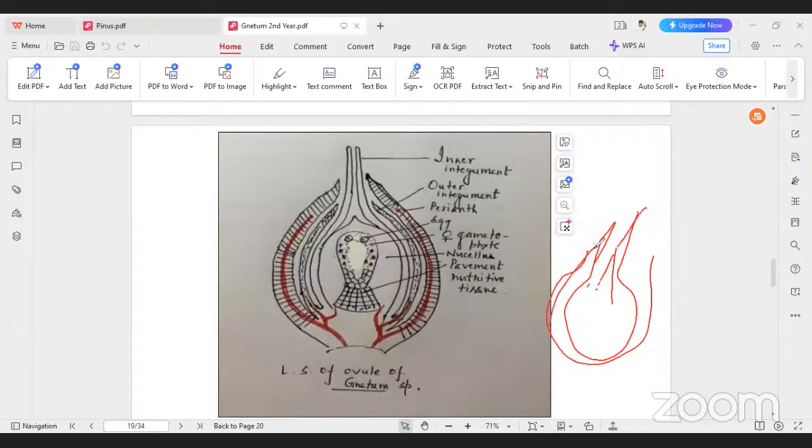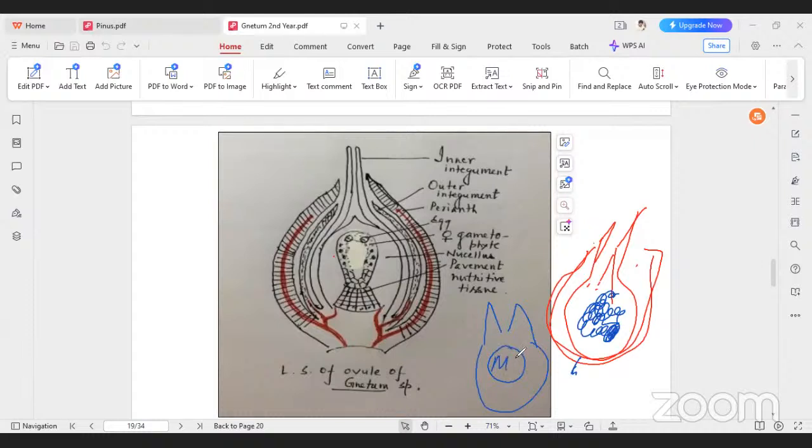For example, these are the integuments, three integuments. After the integuments, let's change color. Only nucellar cells, all complete nucellus, no female gametophyte yet. From the nucellar cells, one is the megaspore mother cell. Let me draw a rough diagram: the ovule, the integuments, and one megaspore mother cell.